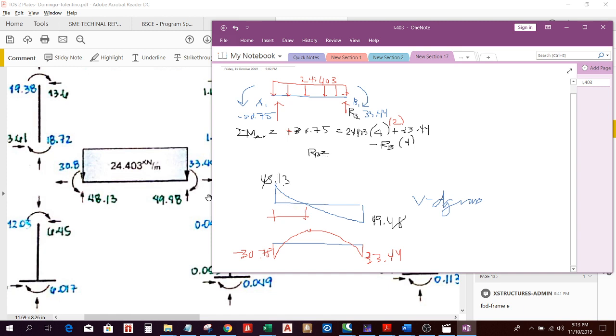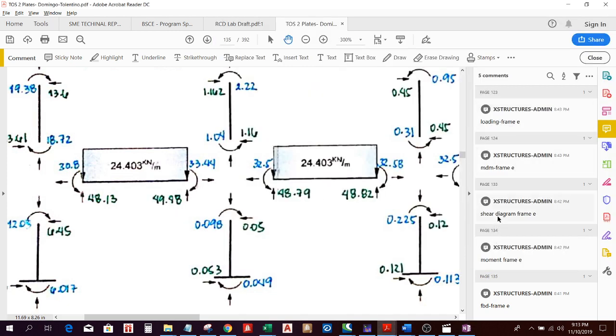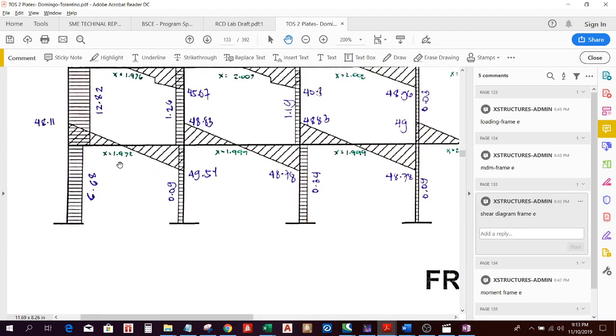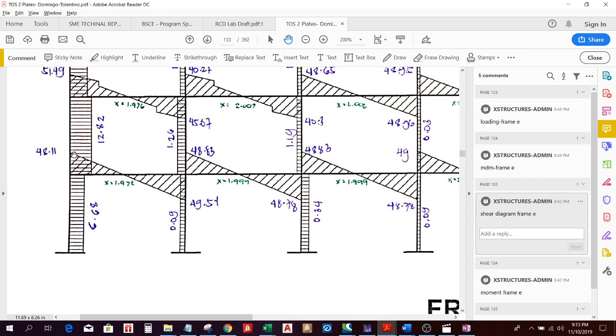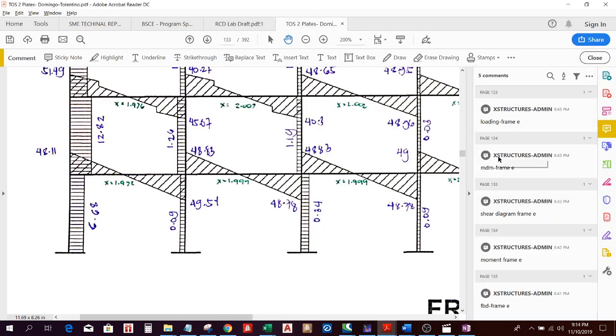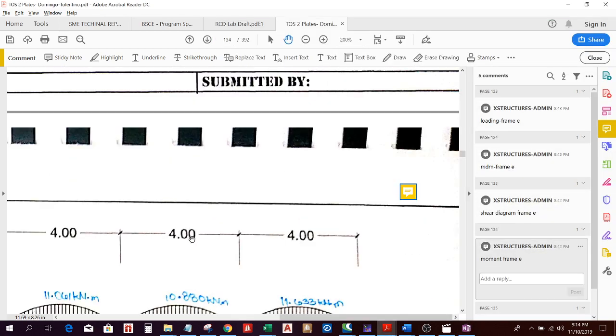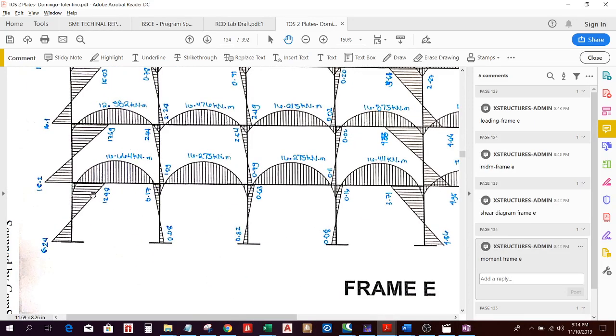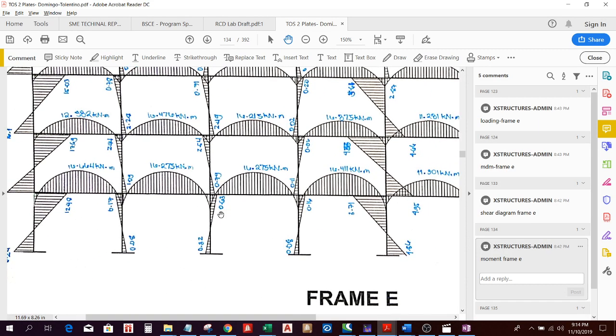So it's consistent. This is the FBD. And let's see the shear diagram. That one. It's the shear diagram, consistent with this, and the moment diagram. That one. So that's it.